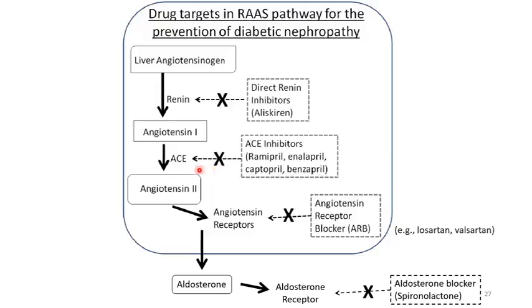Or ACE inhibitors such as ramipril, captopril, by inhibiting this enzyme that converts angiotensin 1 to angiotensin 2, will prevent generation of angiotensin 2. ARBs, or angiotensin receptor blockers such as losartan, will block the effect of angiotensin 2, and also aldosterone receptor blockers such as spironolactone will prevent the effect of aldosterone.